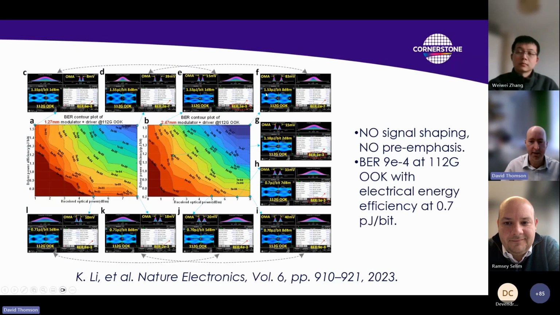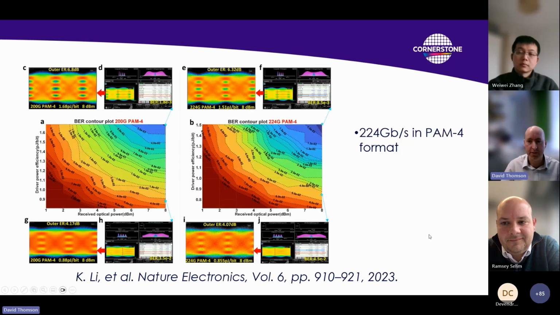If you're interested in the details of this work, you can find them in the paper shown at the bottom here, which was published towards the end of last year in Nature Electronics. We also have the PAM4 results, where we were able to push up to 224 gigabit per second in that PAM4 format. Again, you'll find all the details of this work in that Nature Electronics paper.